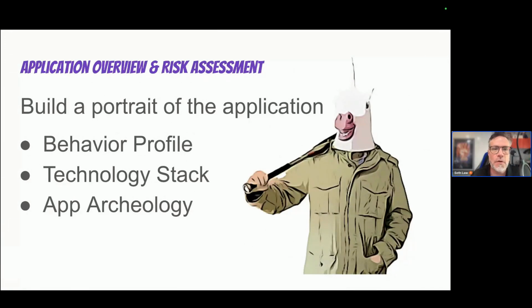So application overview and risk assessment. Initially, we just want to build a portrait of the application, how it accomplishes its tasks. What's its behavior? What's its technology stack? We want to do some app archaeology into the dependencies, what's important, what security libraries are being pulled in, is there middleware, or did the developers actually build those security controls themselves?